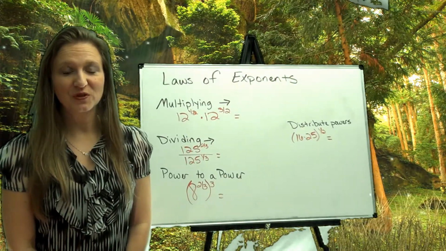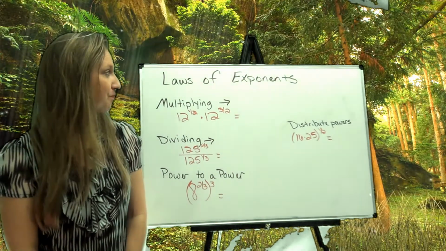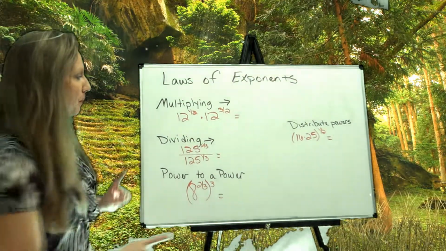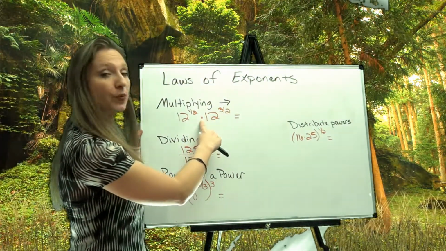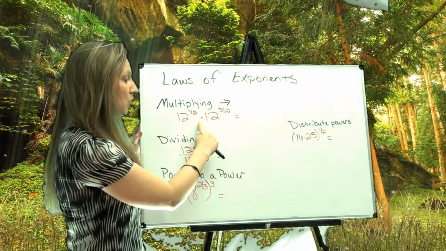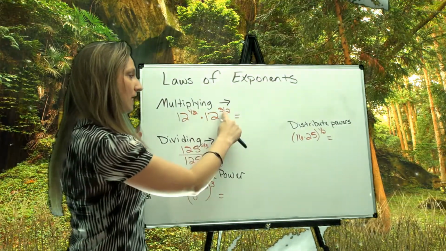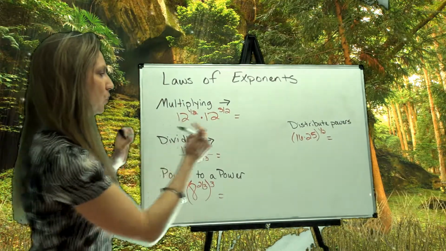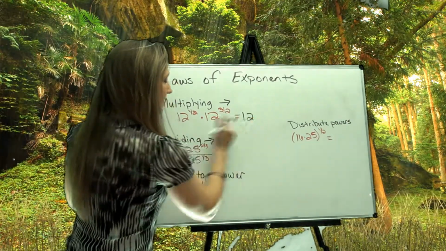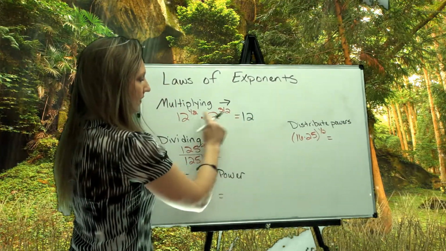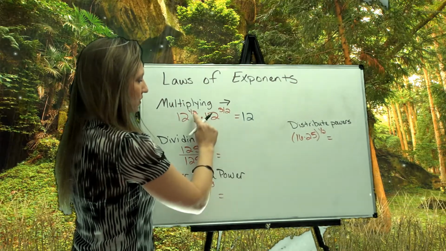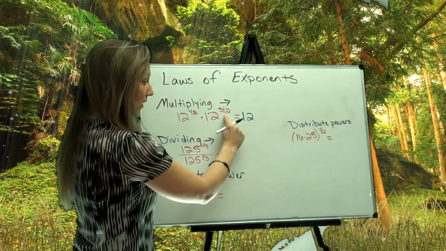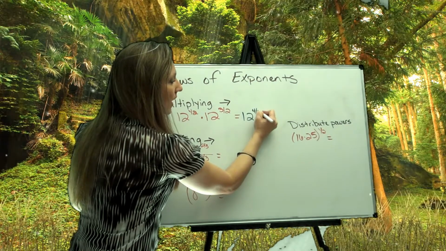All right, now we're going to review some laws of exponents. So the first law that we want to remember is what to do with our exponents when we're multiplying. So when you're multiplying, we add our exponents. So I'm going to keep the base the same of 12, and then I'm going to add my exponents. So 1/2 plus 3/2 is 4/2.